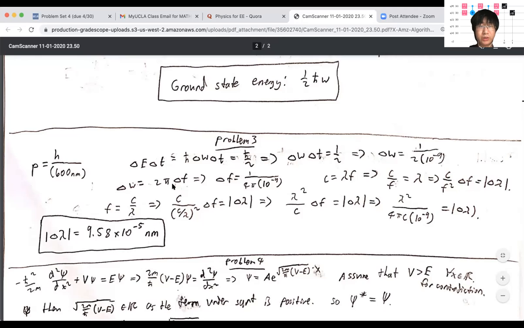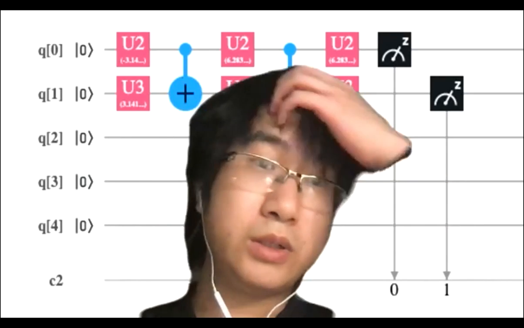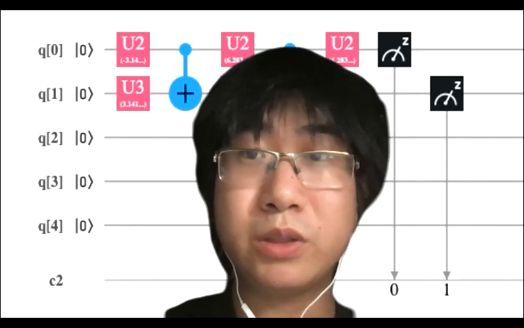And then you just use the relation that omega is equal to 2 pi f, and you get the frequency, which you can then convert to wavelength and get the wavelength here. So that's just a review of the Heisenberg uncertainty principle.